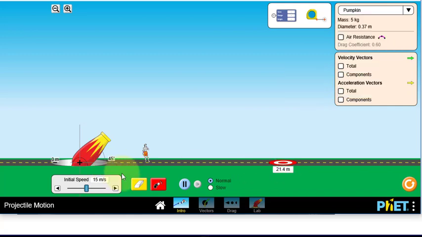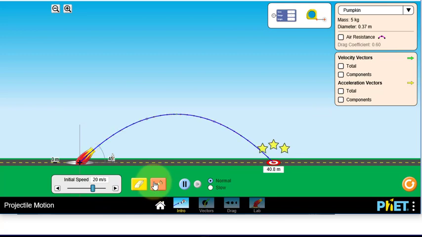So if I set the speed at 20 meters per second, I expect the range to be about 40.8. So I need to zoom out a little bit. If our formula is correct and our calculations are correct, this will hit the target. So let's try it. So there it is, 3 stars. We got it right on the target.